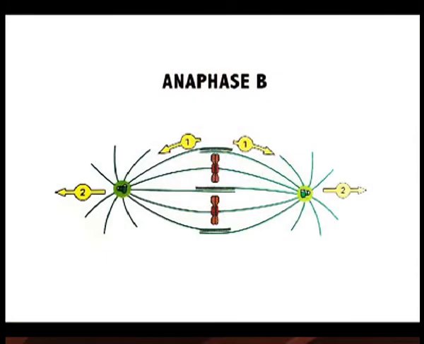The second process, called anaphase B, is the separation of the poles themselves, which begins after the sister chromatids have separated and the daughter chromosomes have moved some distance apart.